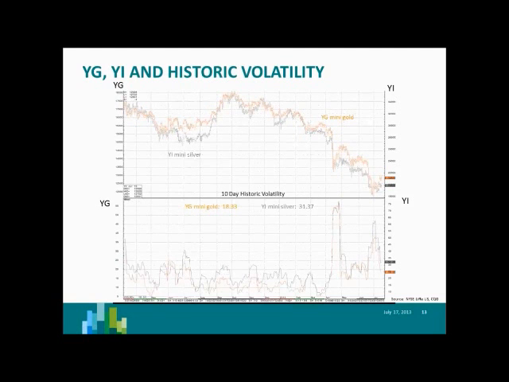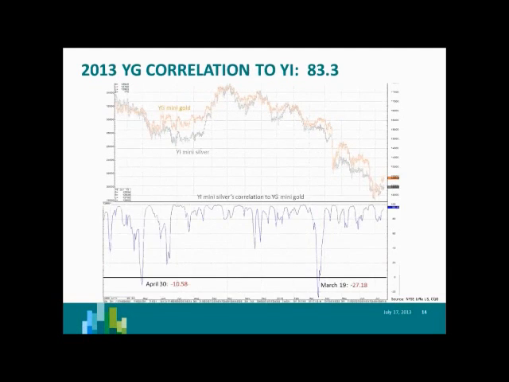And that's important because when we put these two instruments together, you're actually going to wind up with something that's more volatile than mini gold, but less volatile than mini silver, which could be another appealing aspect of putting on this trade.